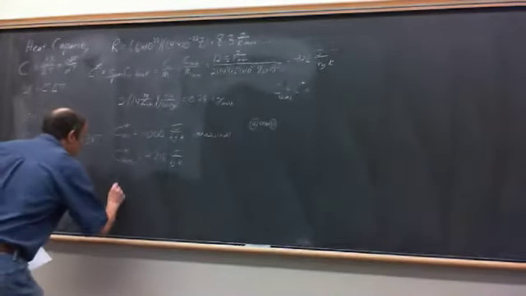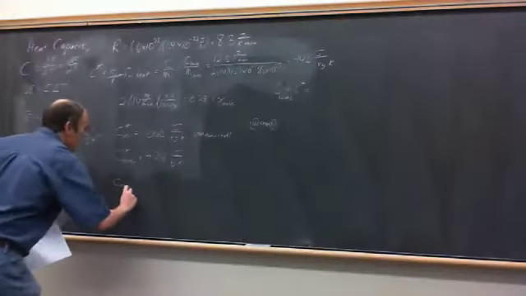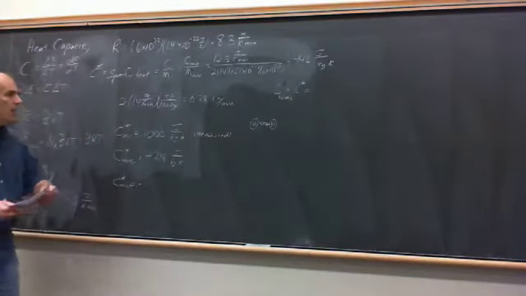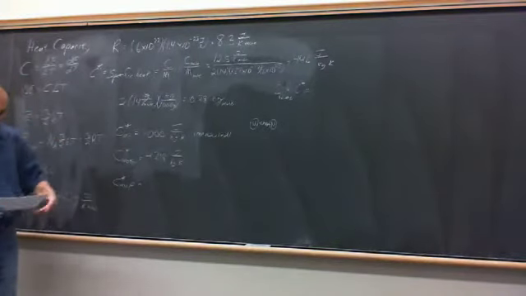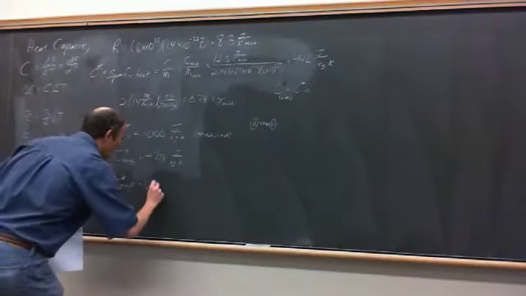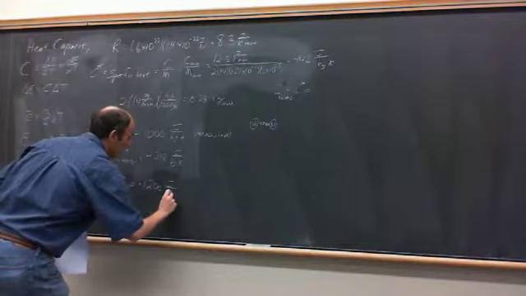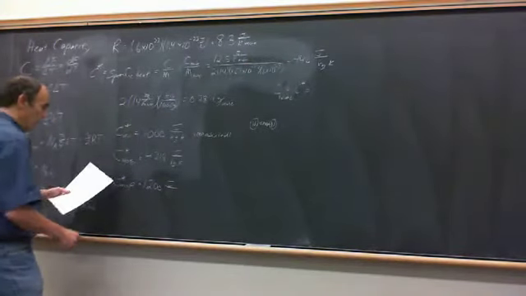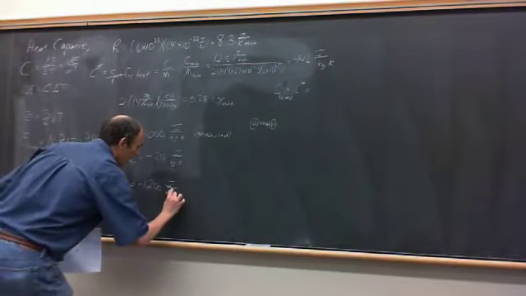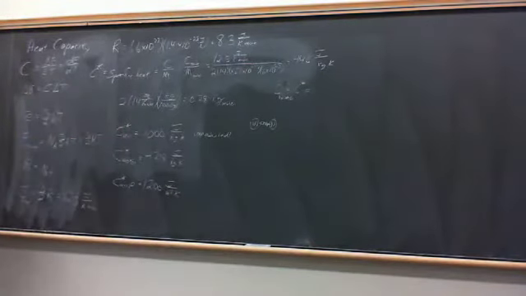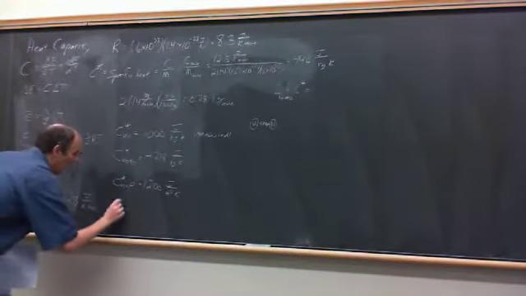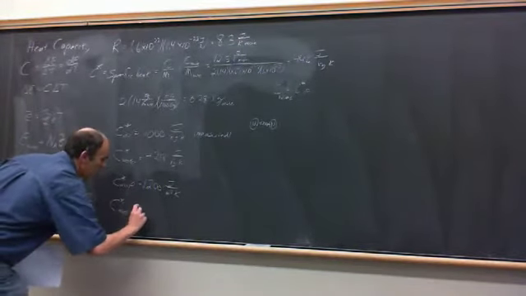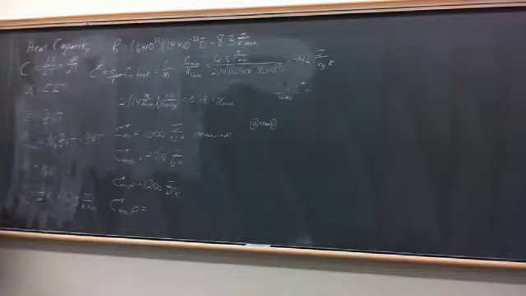If you take C air times the density, specific heat of air times the density, well, we know the density of air is 1.2, so you get 1,200 joules per kilogram, not per kilogram anymore, we're getting it per meters cubed. But if you do the same thing for water, times the density is 1,000.